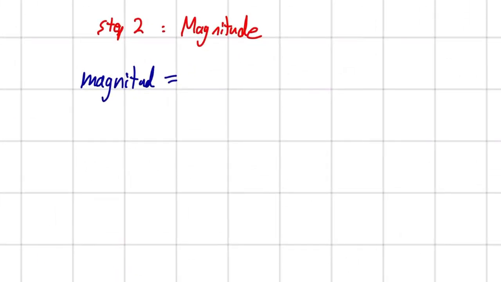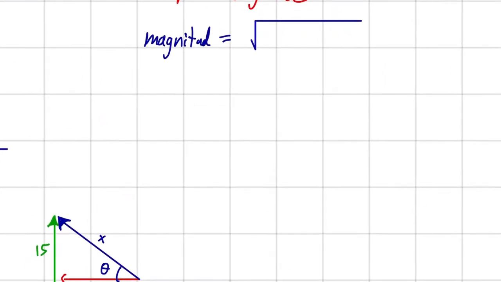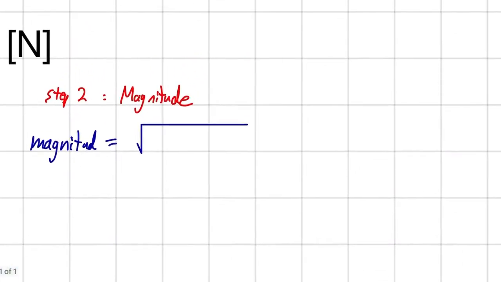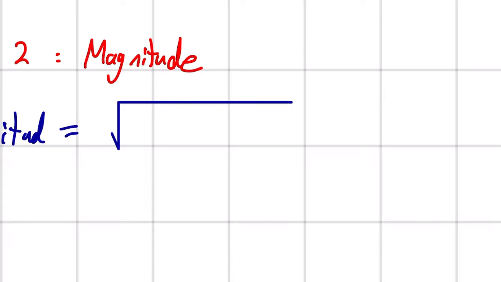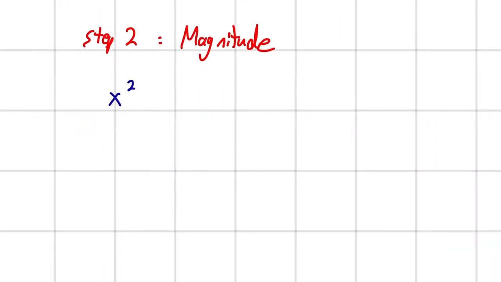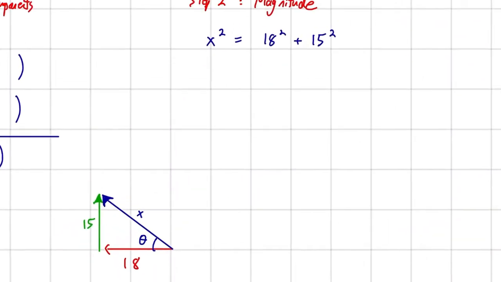So if you remember the Pythagorean theorem, we're going to go 18 squared plus 15 squared is equal to x squared. So let me write that like this. So x squared is equal to 18 squared plus 15 squared. So that's our side lengths of the triangle.